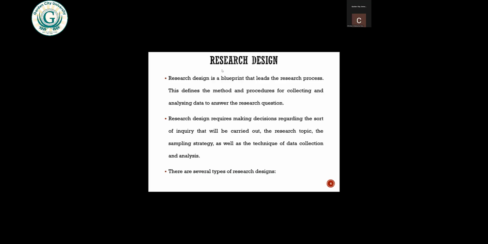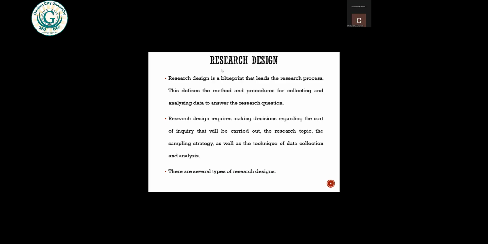Basically, all these things have certain formats that you can follow when you are conducting your research. We have different types of formats that you can follow, and those formats are what we call the research design.